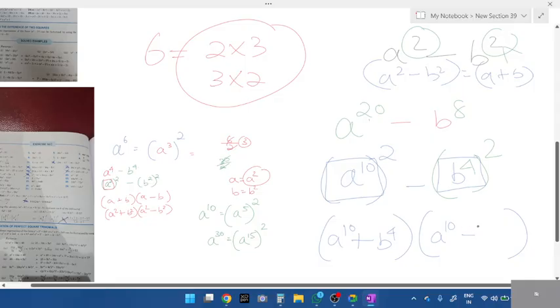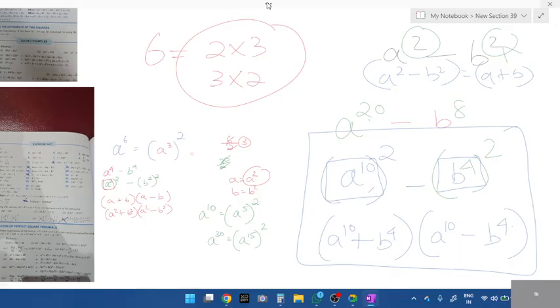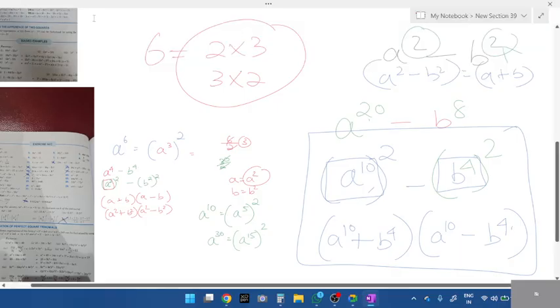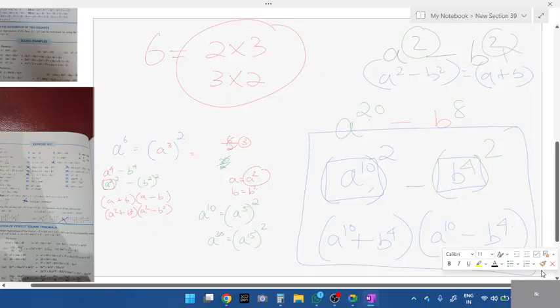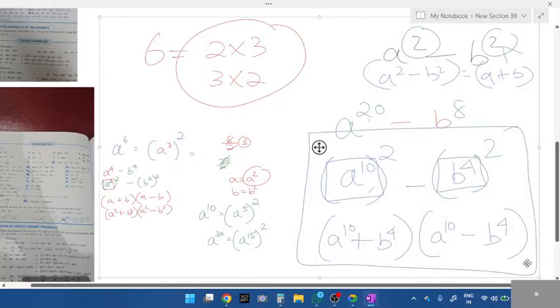How can it be 6? b to the power of 4, that's it. So maximum outside you should have only 2. Outside value should be only 2.